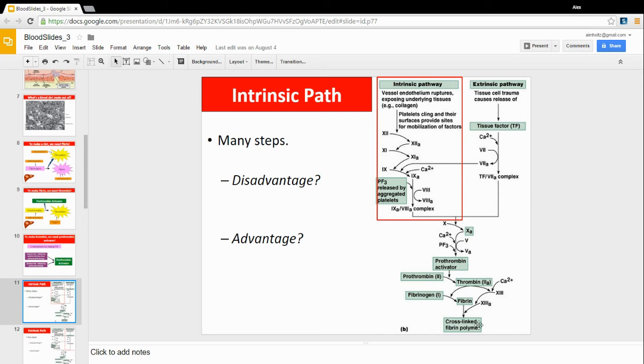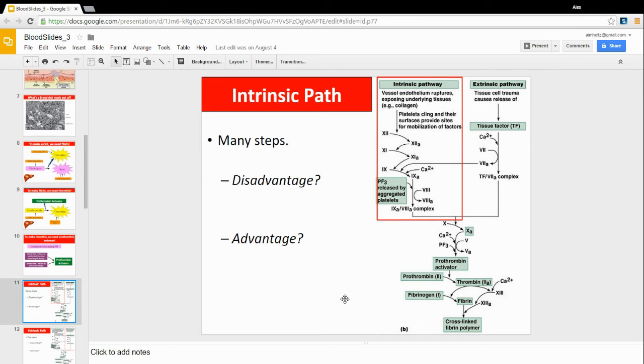That basically is referring to the web, the mesh of fibrin I was talking about. If I go up, I got fibrin, which is made from fibrinogen, thanks to thrombin, which is made from prothrombin, thanks to prothrombin activator. Notice there are two pathways, extrinsic over here, intrinsic on the left where my red rectangle is.